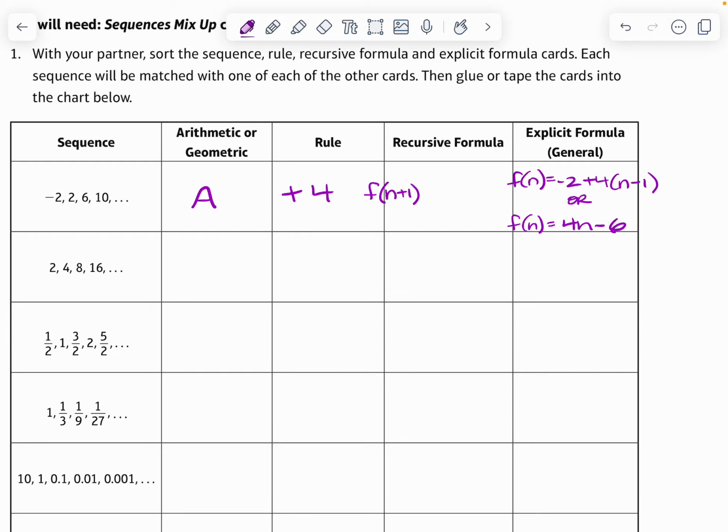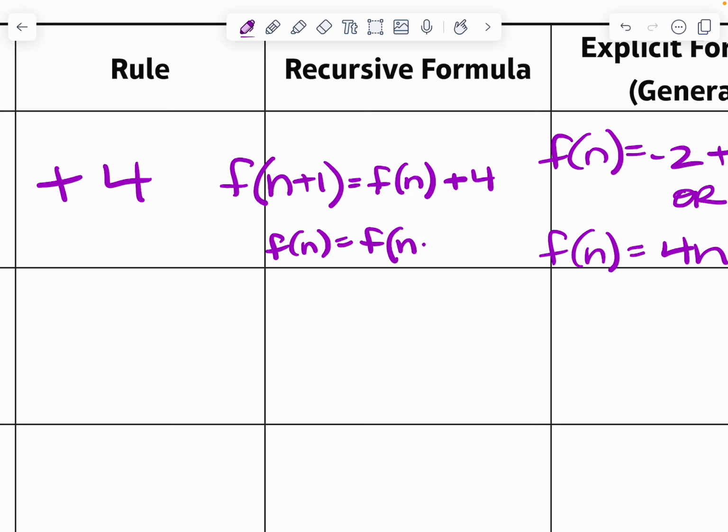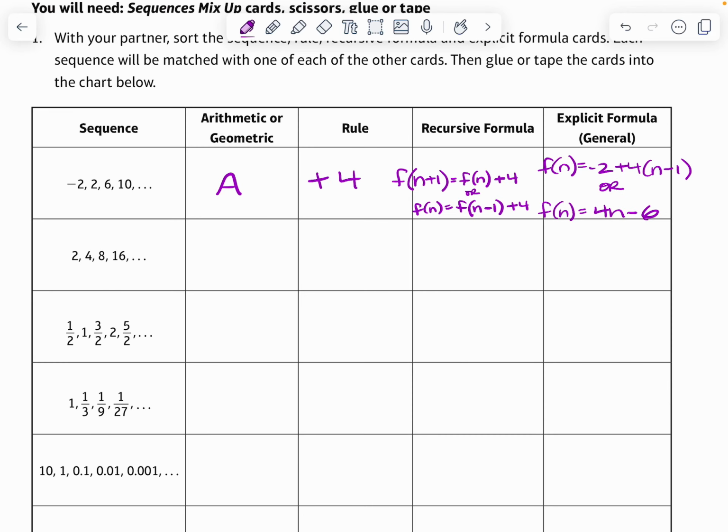That means how do I get to the next term? I'm going to start with the current term and add on 4. That builds to get the next one. You could have written f of n equals f of the one before it plus 4. Just something to think about. It's just a preference. All right, let's go on to the next one.